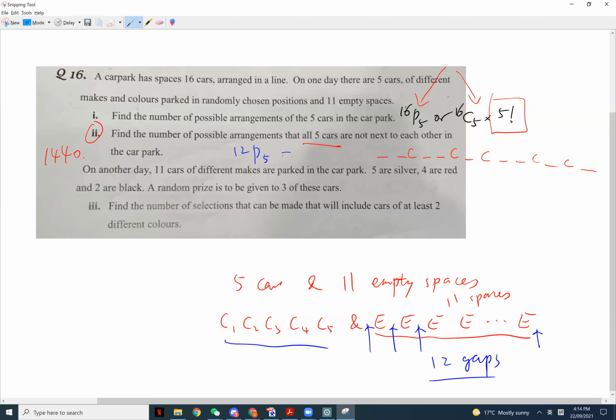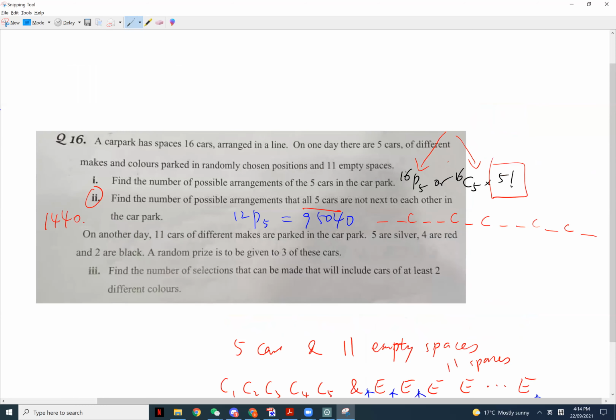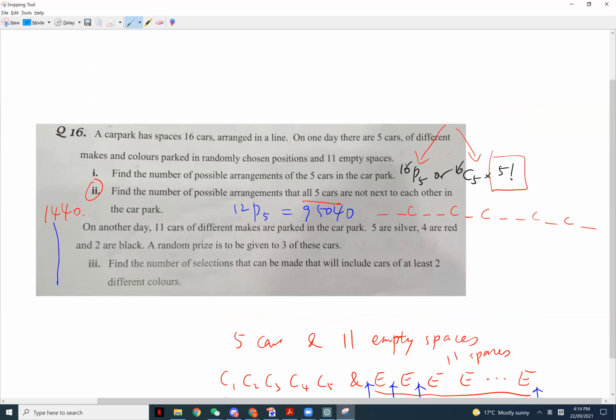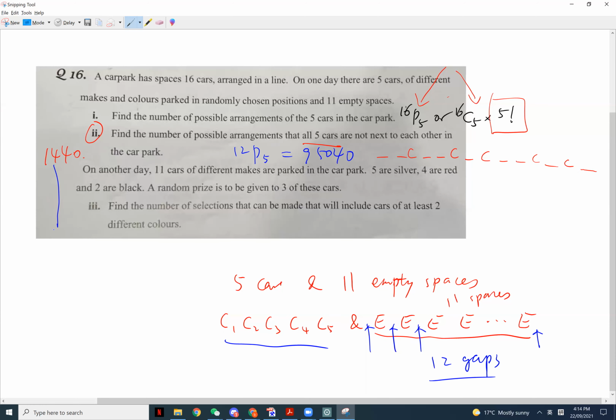William, do you understand my working? After you arrange the empty spaces, for example, you put car C1 here, C2, C3, maybe C4 here, C5.